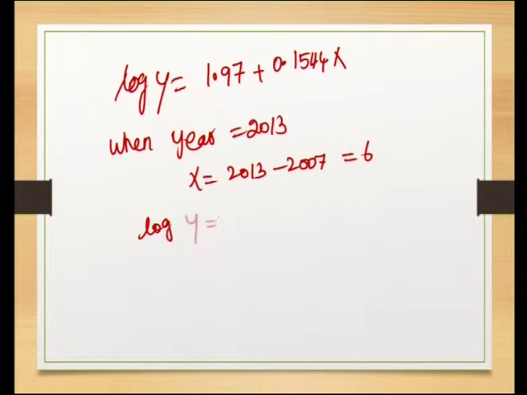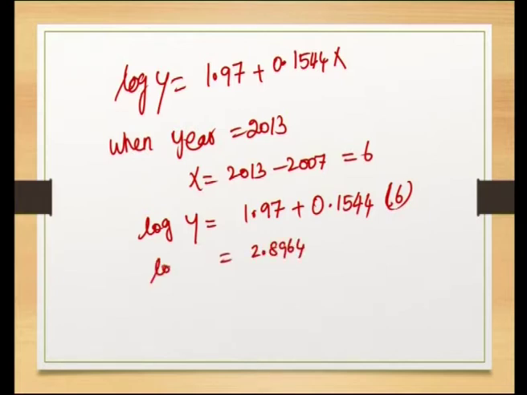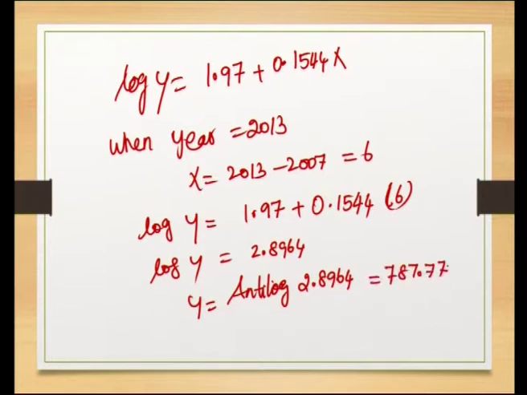Therefore, log y is equal to 1.97 plus 0.1544 into 6. This value is 2.8964. This is log y. So, y is equal to antilog of 2.8964, and this value is 787.77. So, the y value for the year 2013 is 787.77.